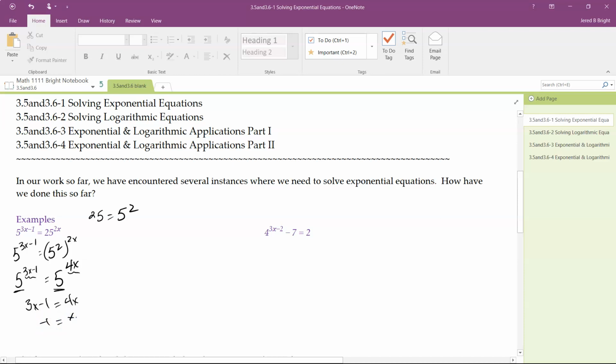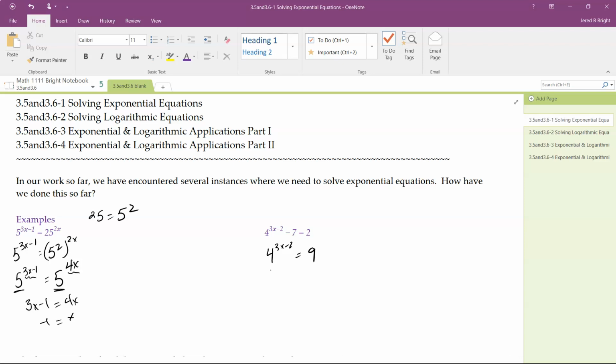Okay, and then this next one, similar to what we've seen before, our intuition might say, let's isolate the exponential. If we do that, we get 4 to the 3x minus 2 is equal to 9. Now this is one of those scenarios that we found ourselves in early on in this chapter, where we said, look, this is an equation we don't know how to solve.